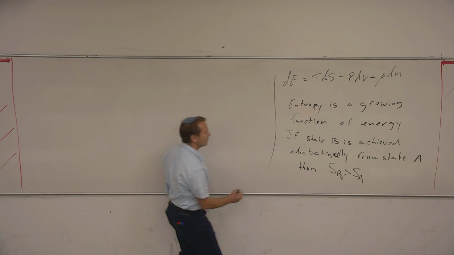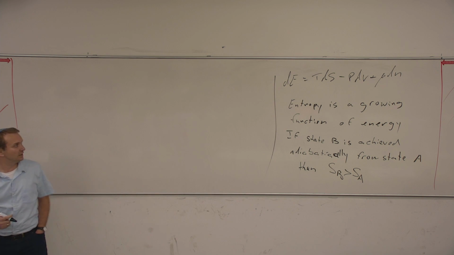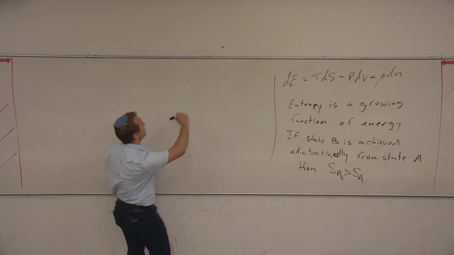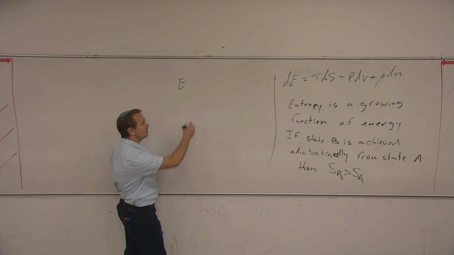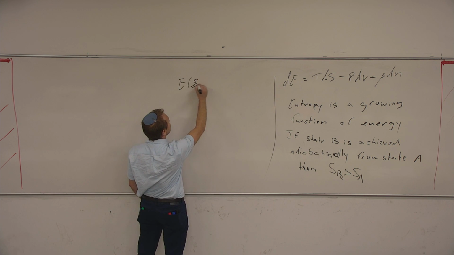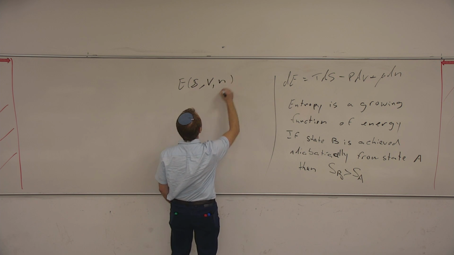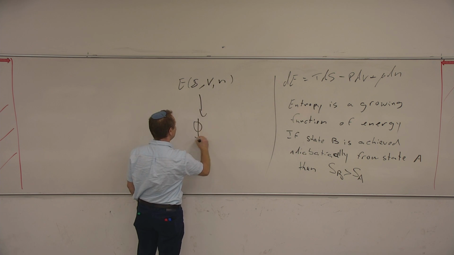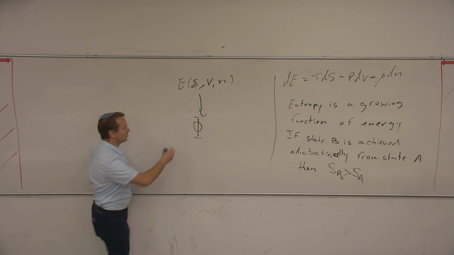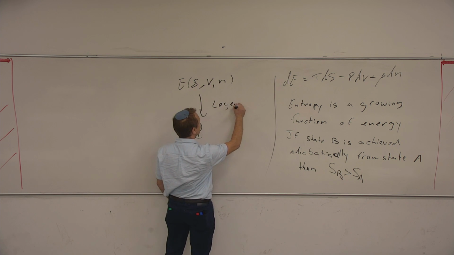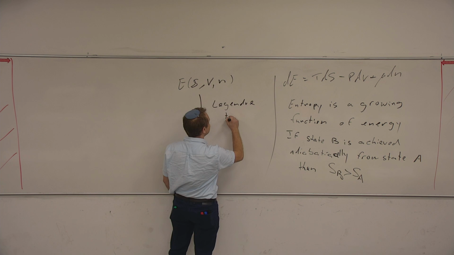We also learned how to perform Legendre transformation, right? We can go from E, which is a function of S, V, and N, to any other function phi by means of Legendre transformation.